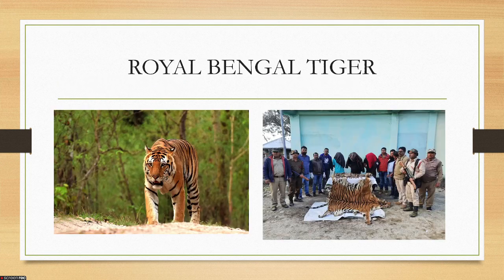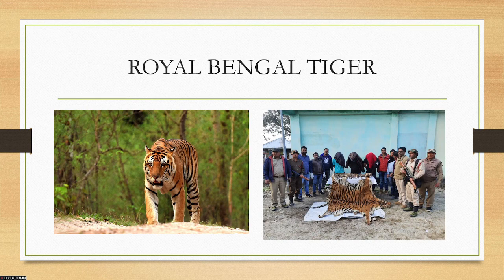Now moving forward, we'll see the Royal Bengal tiger. Its scientific name is Panthera tigris. It has its uniqueness for adaptation in the mangrove habitat, having distribution in the Gangetic Delta of West Bengal and Bangladesh.